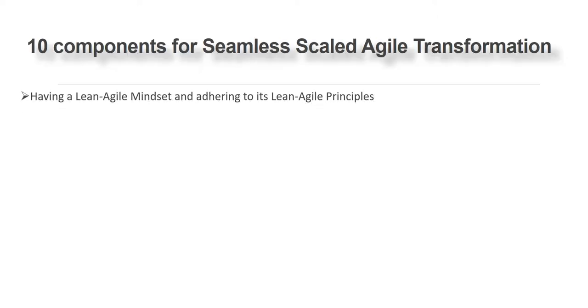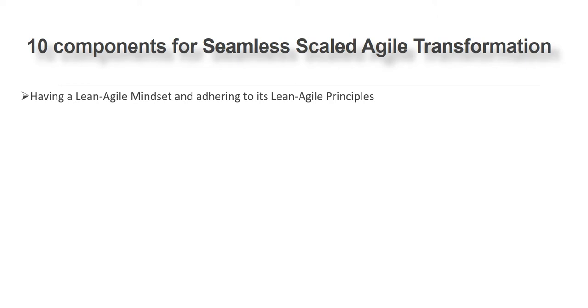So let me quickly talk about the 10 components for a seamless scaled agile transformation. This is where we'll get into a little more detail of what we have seen till now. Having a lean agile mindset and adhering to lean agile principles is very, very important. Again, it comes from the mindset perspective. Agile, the thing that we started with, still continues into scaled agile.